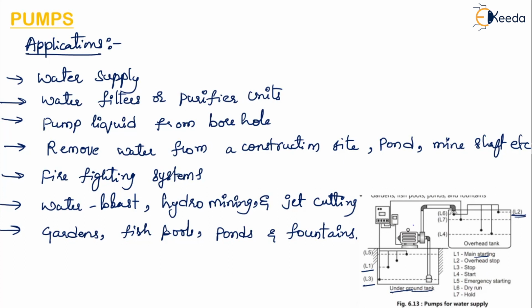L3 is the stop, this is the lowest level of water. Then we can see L4, it is the start, that is the beginning of the water level. L5 is the emergency starting. L6 is the dry run. And L7 is the hold, that is the topmost level of water.